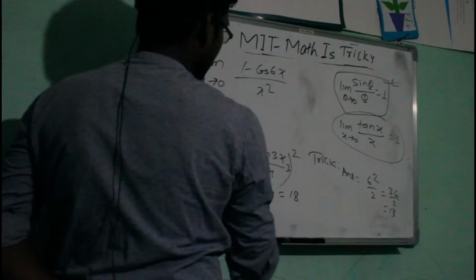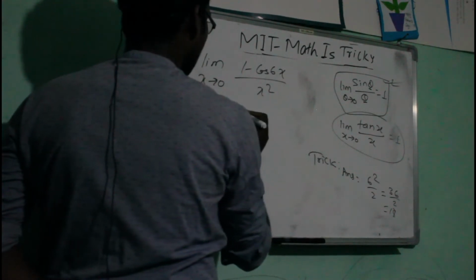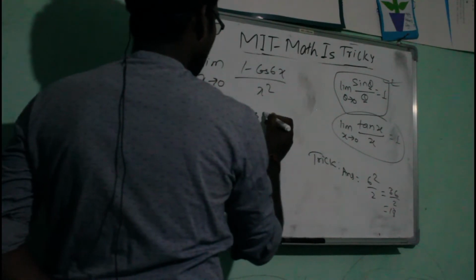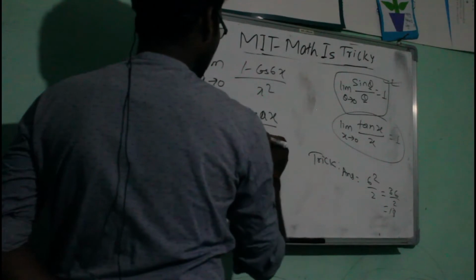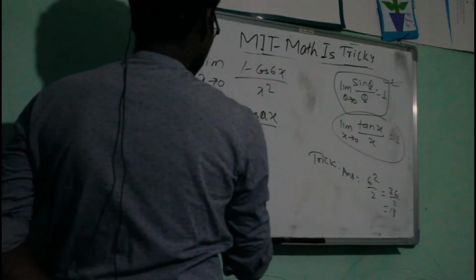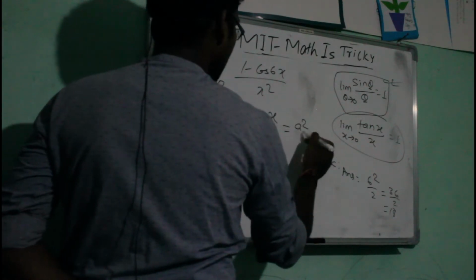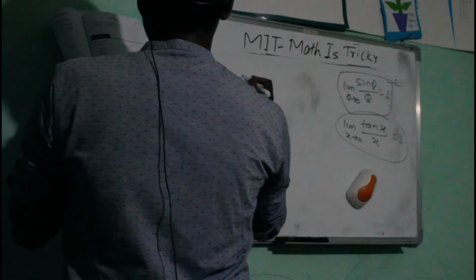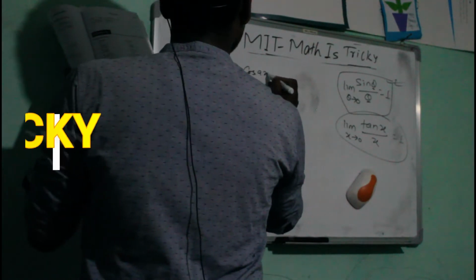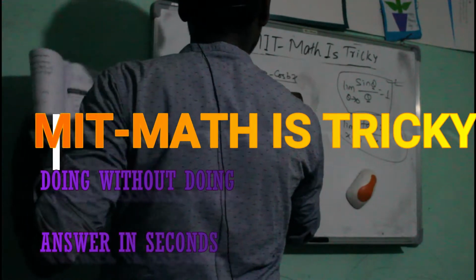So the trick is: for limit x tends to 0, 1 minus cos ax by x square, the answer is always a square by 2. You can also use limit x tends to 0, cos ax minus cos bx by x square.